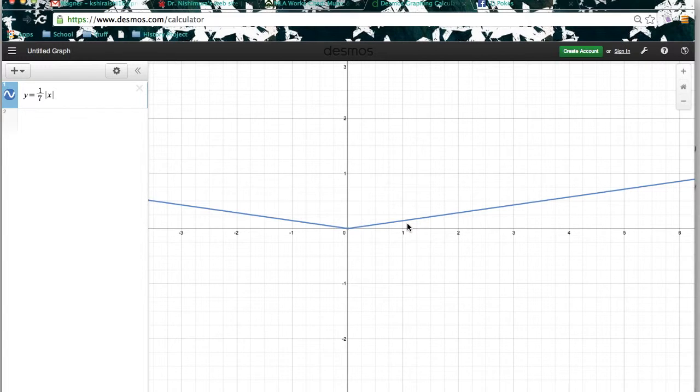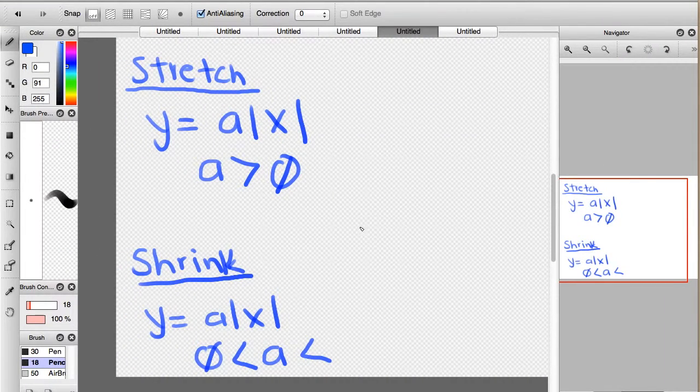So for stretch, it's the parent function, and then we add a, where a is greater than 1. And for shrink, it's y equals a times absolute value of x, where a is greater than 0 but less than 1. That's the main gist of a stretch and a shrink.